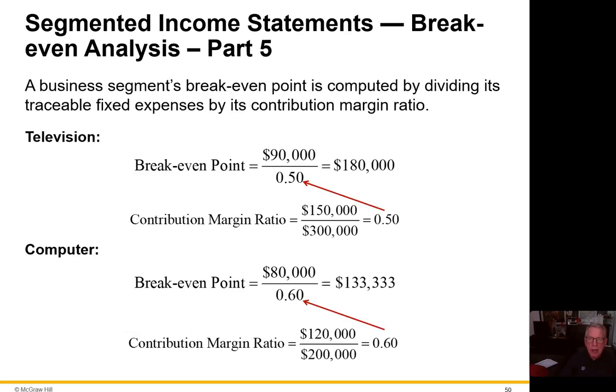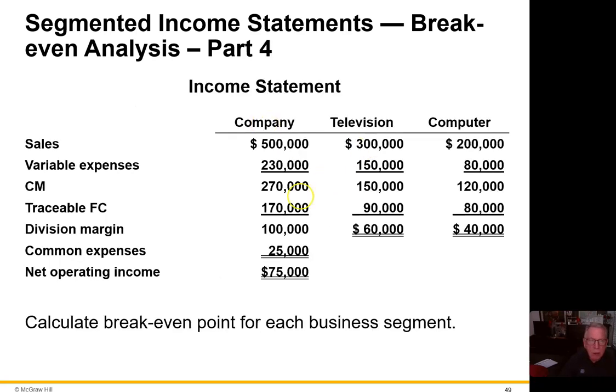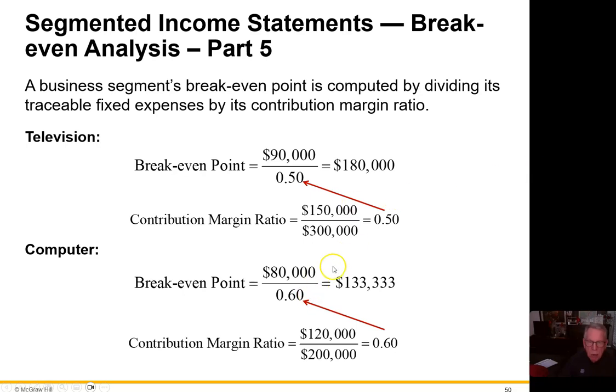Now we'll calculate the break-even point for each business segment that way. For the television, we take our 90,000 of fixed costs, and the 80,000 of fixed costs for the computer, and we divide by the respective contribution margin ratios.